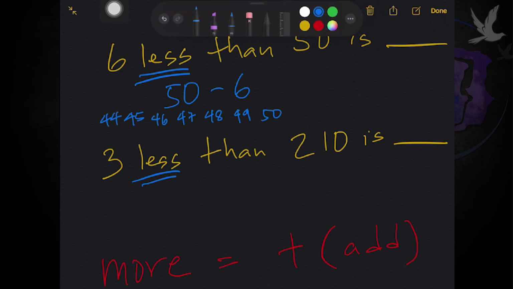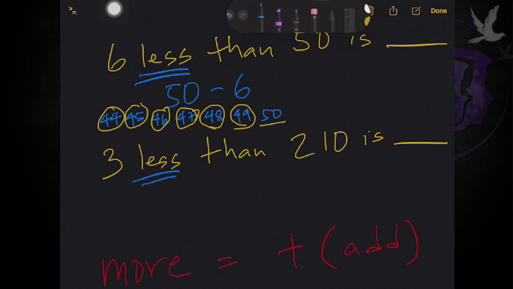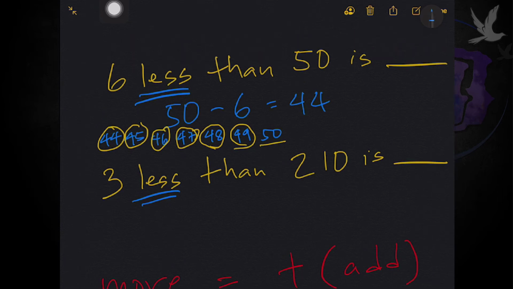From 50, you have 1, 2, 3, 4, 5, 6. So we can say now that 50 take away 6, or minus 6, is equivalent to 44. So our final answer here is 44.